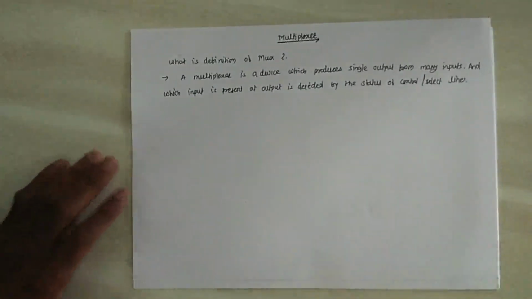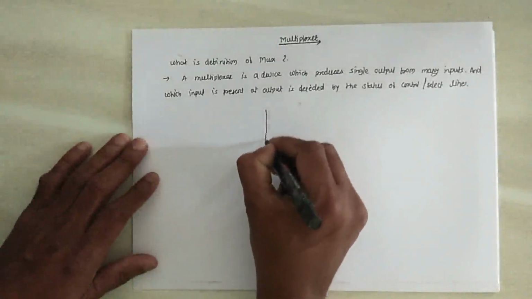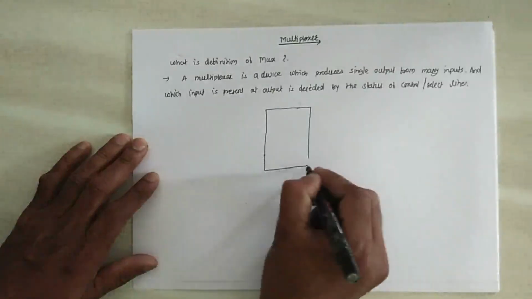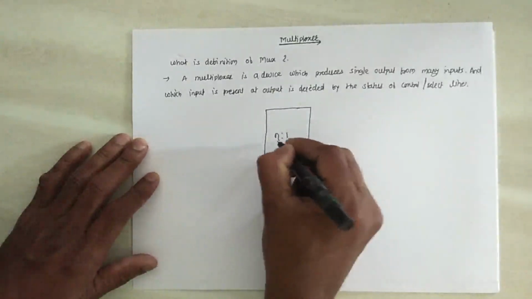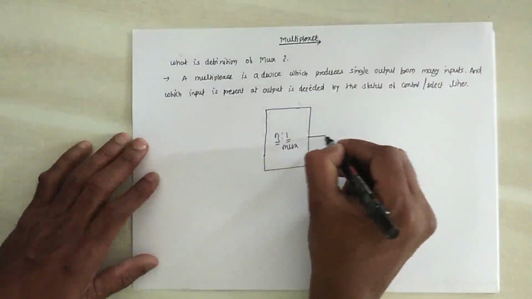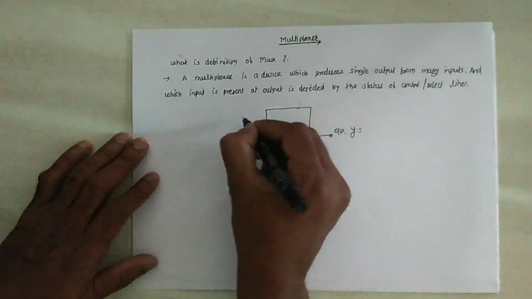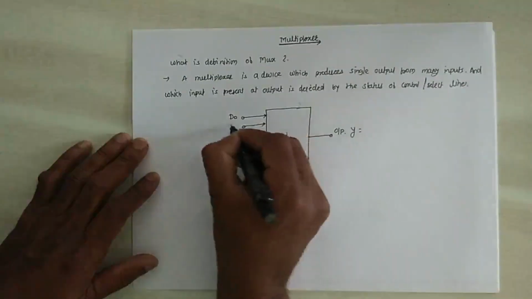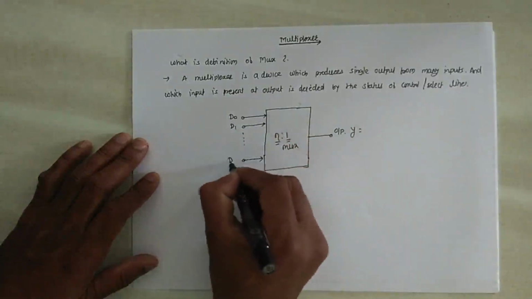So the block diagram of a multiplexer consists of an n/1 mux. N is the number of inputs and 1 is the number of outputs, so only one output, which we assume is Y. The inputs are D0, D1 and so on up to Dn.